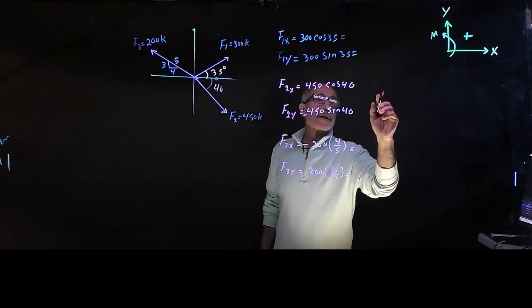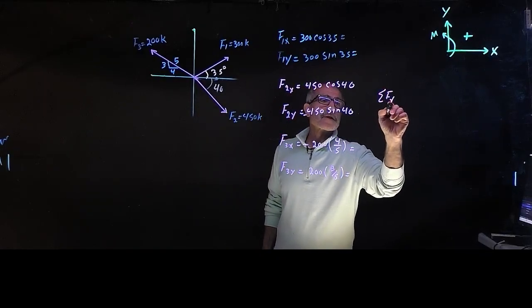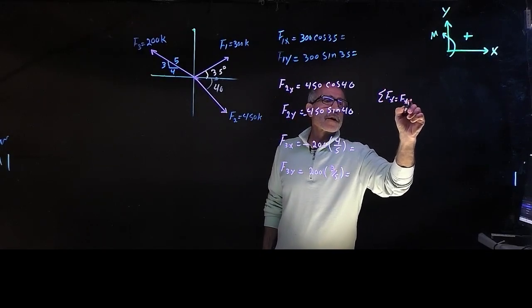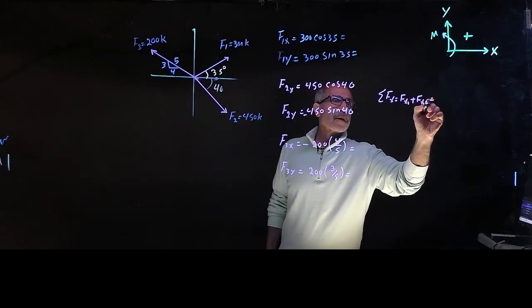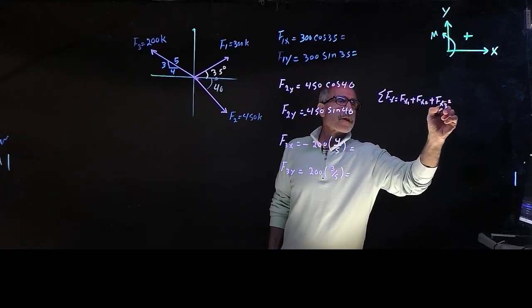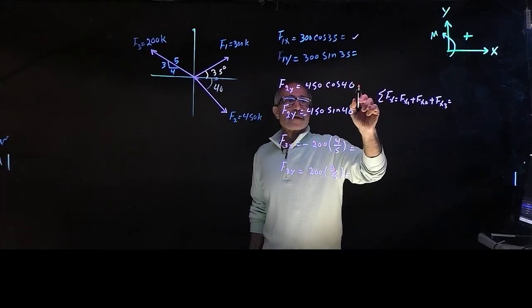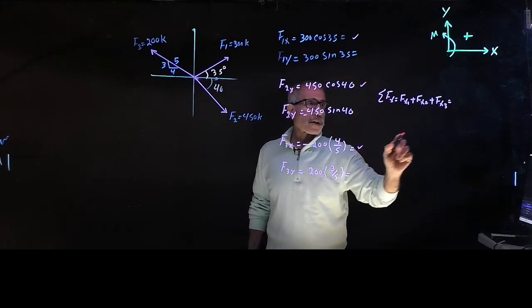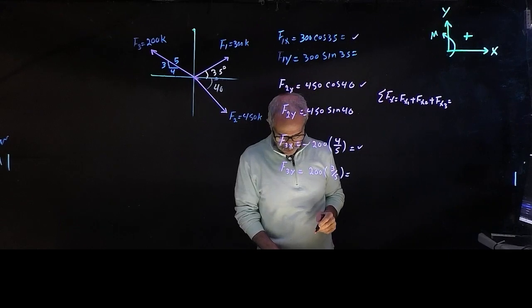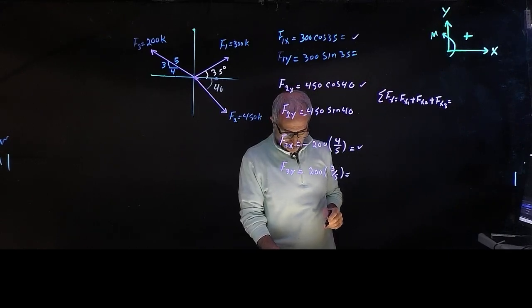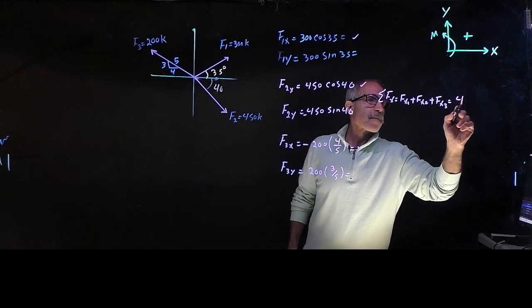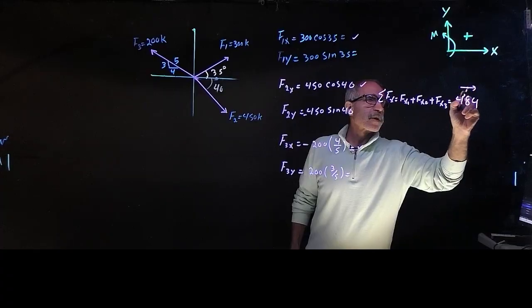So if I did this right, summation Fx is equal to Fx of 1 plus Fx of 2 plus Fx of 3, which is this one, and this one, and that came out to be 484. And it's going this way.